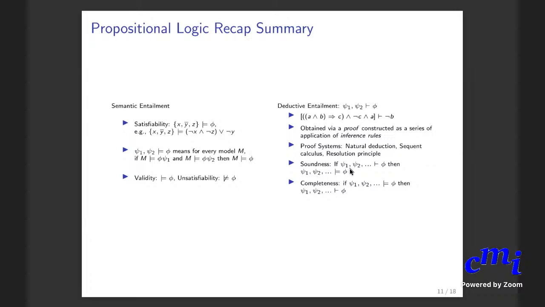This means that your inference rules are correct. In some sense they are sound, so they do not deduce something which is false as per the semantics, and that's what soundness is.